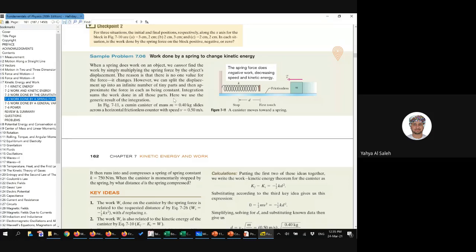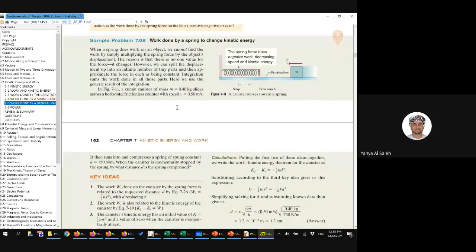So what will happen is it will compress until it momentarily stops. And then the spring is going to push it back. But when the canister is momentarily stopped by the spring, so at maximum compression, what is the distance d the spring is compressed?